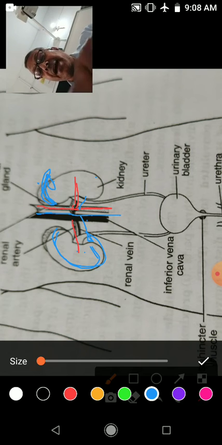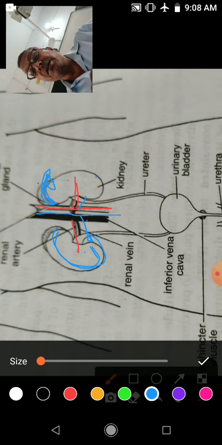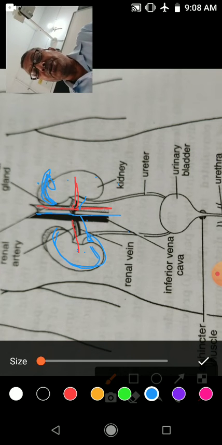So children, I told you about the urinary system. The urinary system of humans consists of two kidneys, two ureters, the urinary bladder and the urethra.